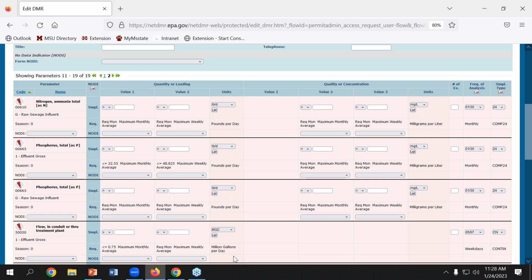Okay, so once you've entered all of that information, another one of the benefits of NetDMR is if you enter information that's outside the permit limits, it will alert you. If you skip a parameter and don't enter any data at all, it will alert you.